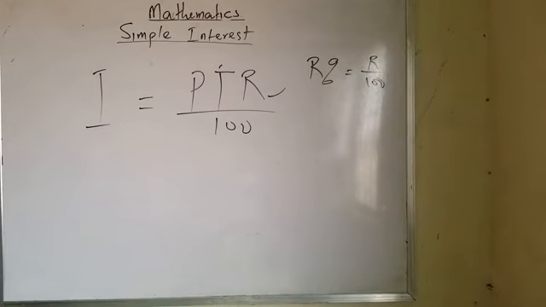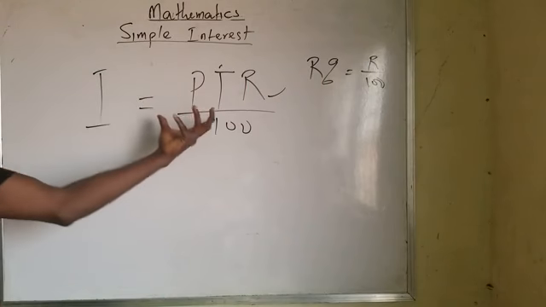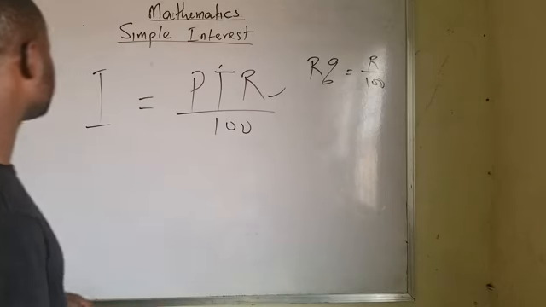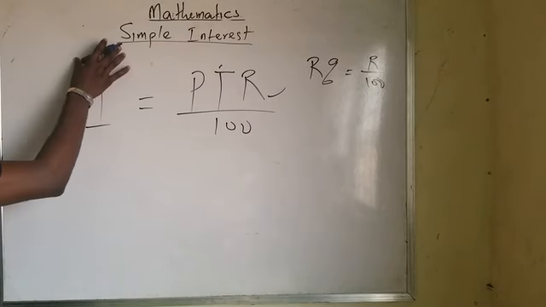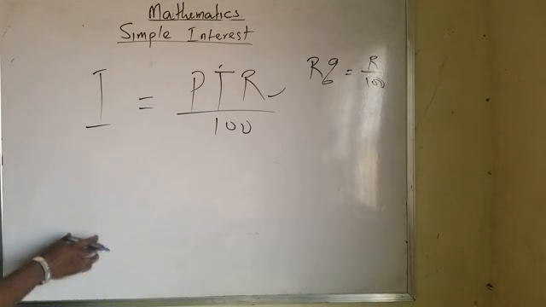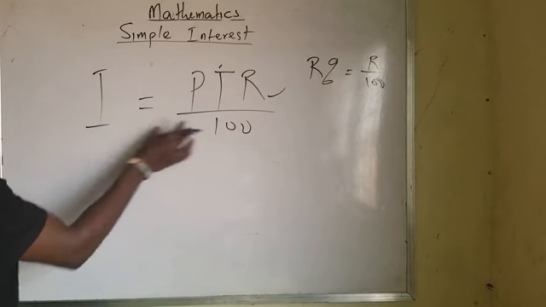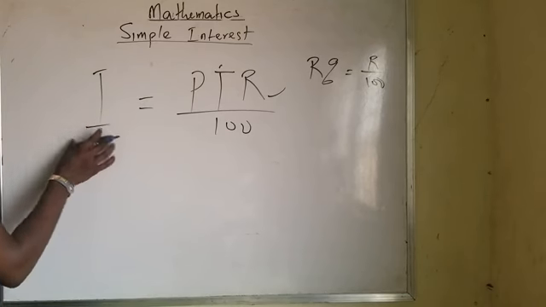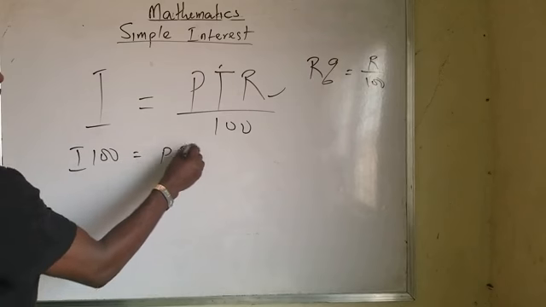With it, I can change either of these two formulas. The interest is now the subject, and I'm expressing it in terms of this. I can turn it into principal times time times rate equals 100 times interest.